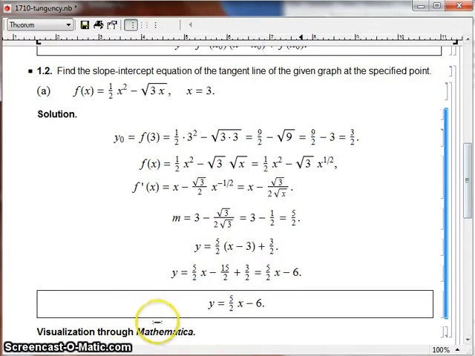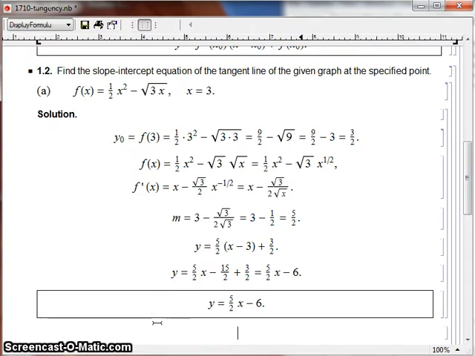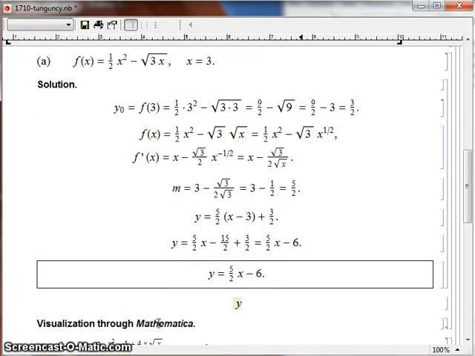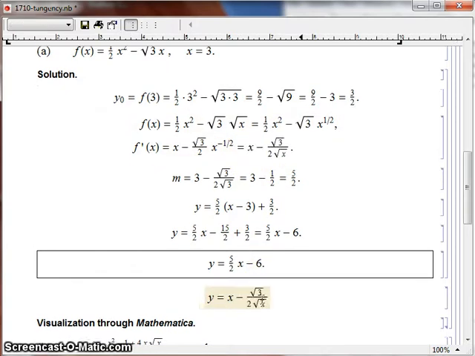Let me make a little bit of additional comment here, because I've seen so many students making this mistake over the years. They remembered the slope-point equation, and they remembered that the derivative gives a slope. So they do something like this, assuming they did calculate the derivative correctly. Kind of like this.